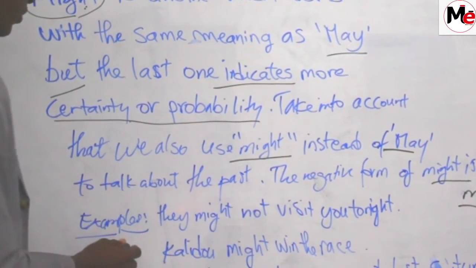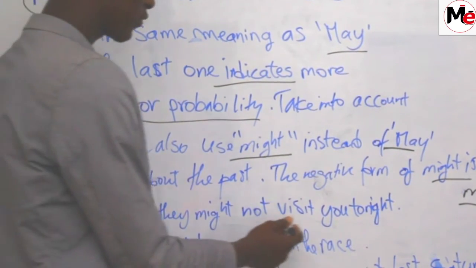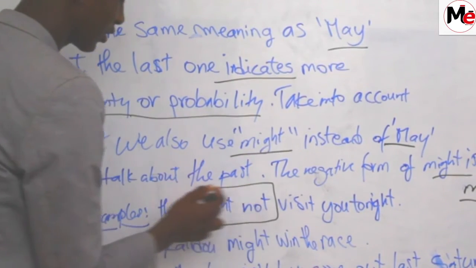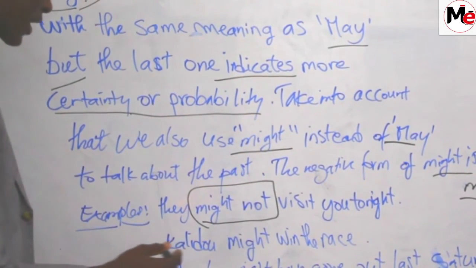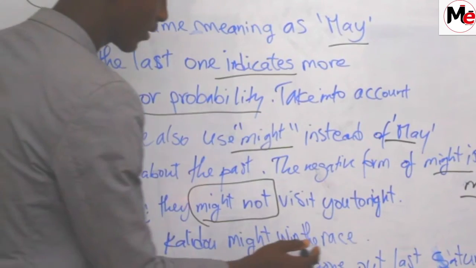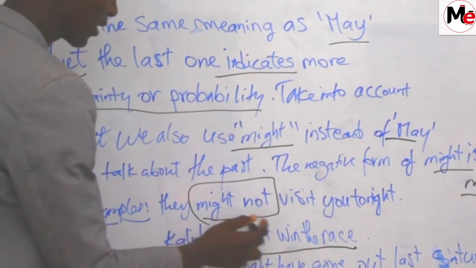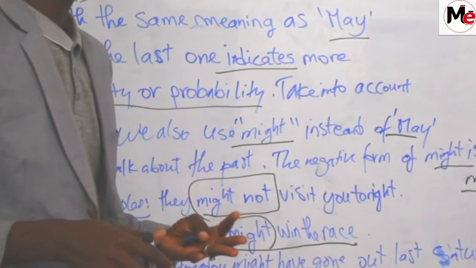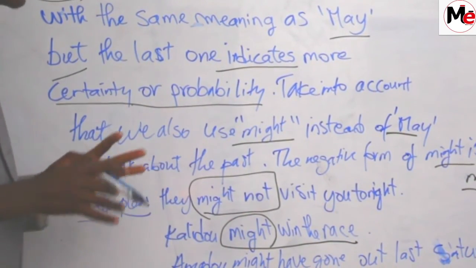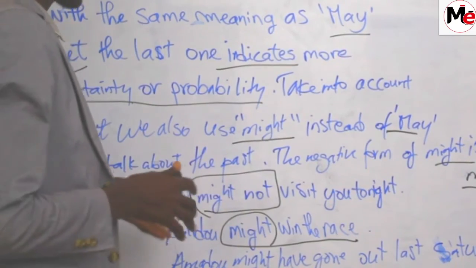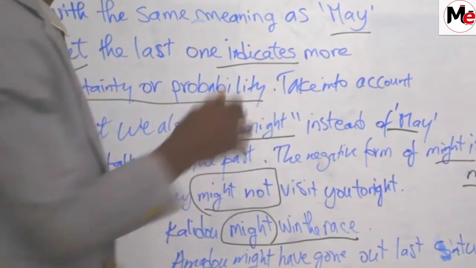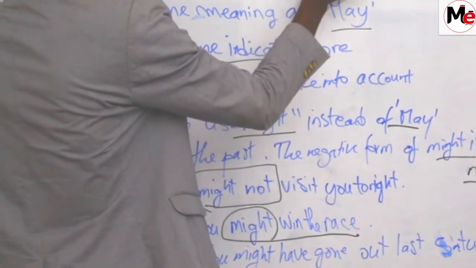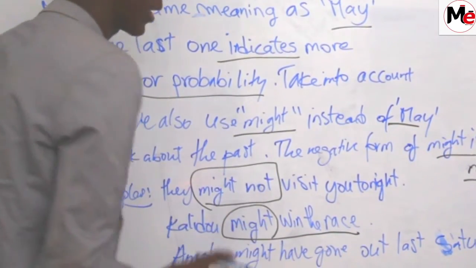So here are a couple of examples. They might not visit you tonight. It's negative. Khalid might win the race. It's a probability and a possibility that Khalid might win the race. There's an 85% chance that Khalid might win the race, and we don't know.